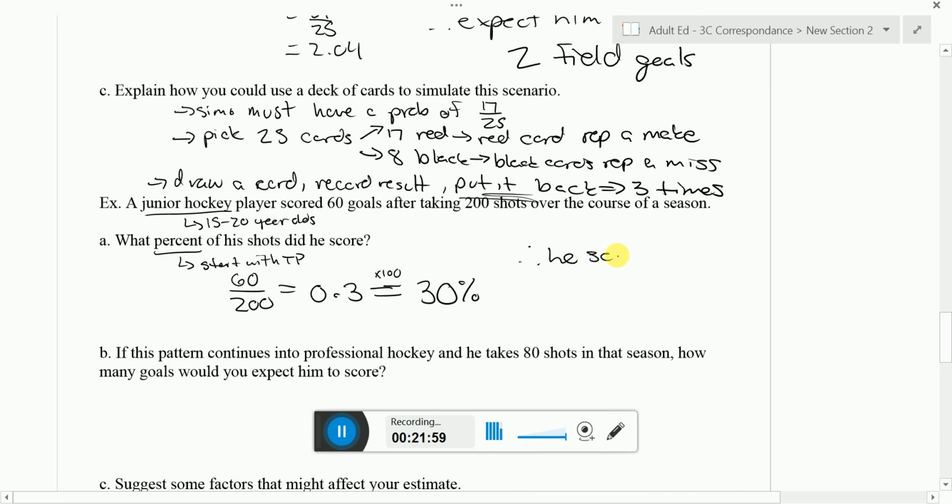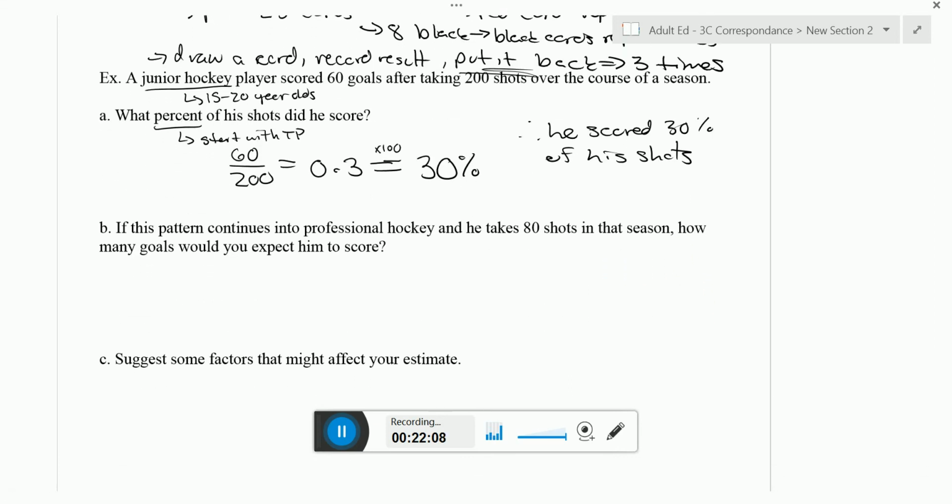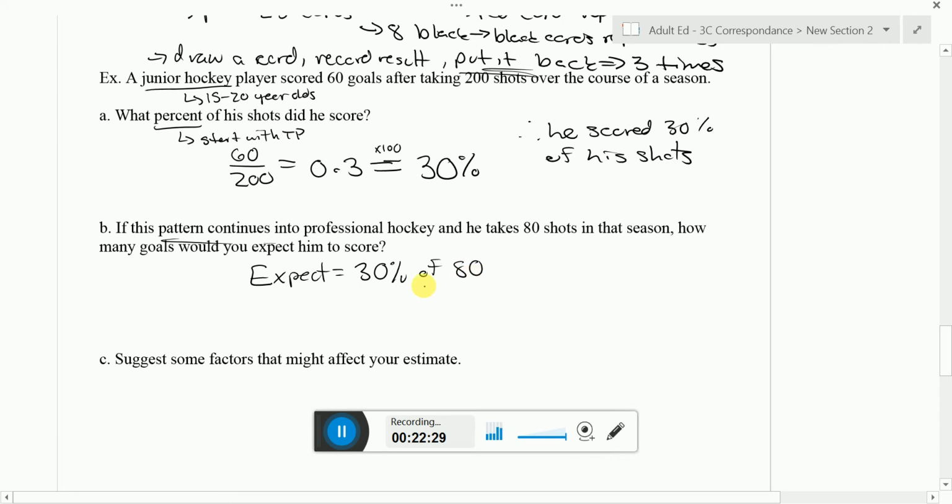So he scored 30% of his shots. If this pattern continues into professional hockey, so he's gone from junior hockey where he's an amateur into professional hockey like the NHL, and he takes 80 shots in that season, how many would we expect him to score? So we would expect him to score, if this pattern continues, 30% of the 80 shots he took.